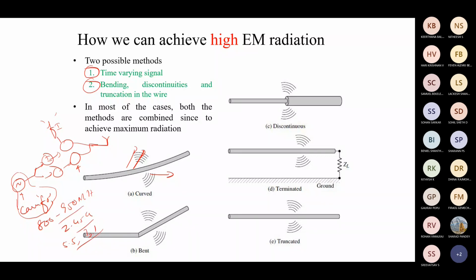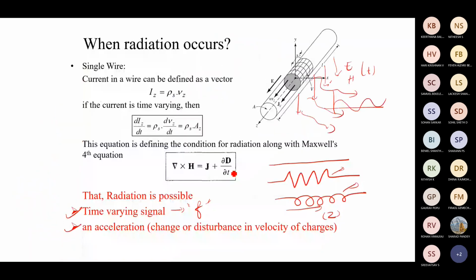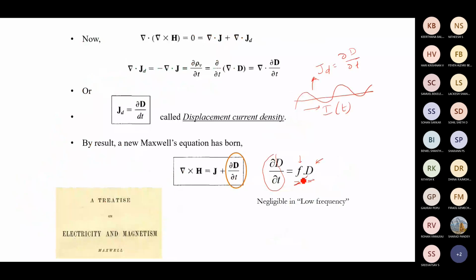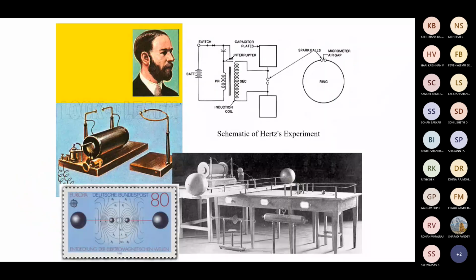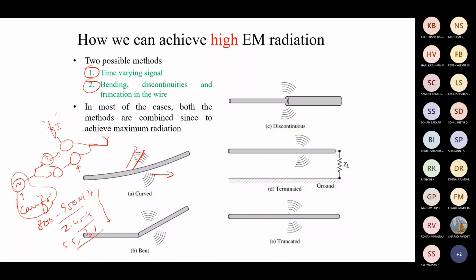So why do these frequencies keep on increasing? The reason is this: by increasing the frequency, you get better radiation. If there is better radiation, very little power is sufficient to get it, and therefore the gadget size becomes very small.